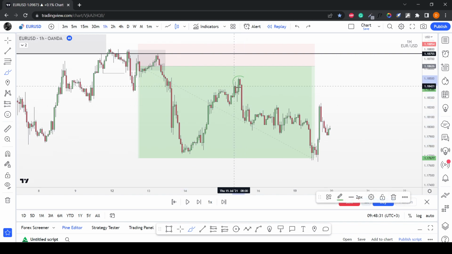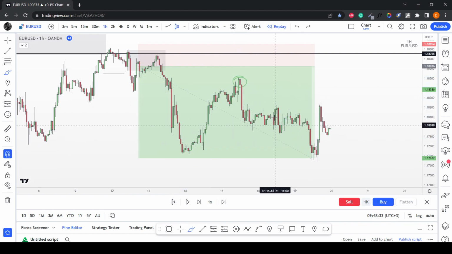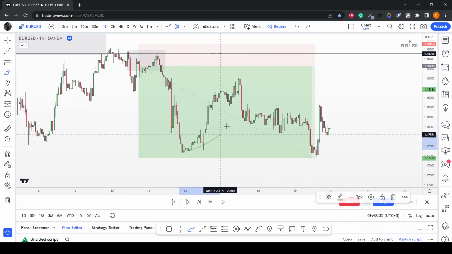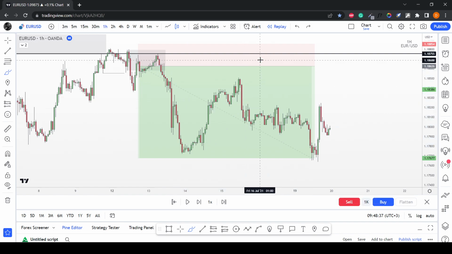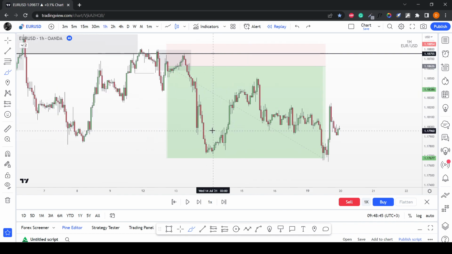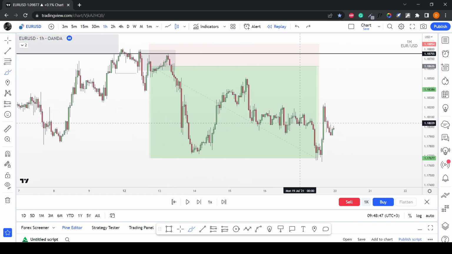So in this case it all worked out, but sometimes it will just reverse, and that's why you need data collection. That's why you need to record how much your trades run, how the price usually behaves around your targets, and so on and so on.